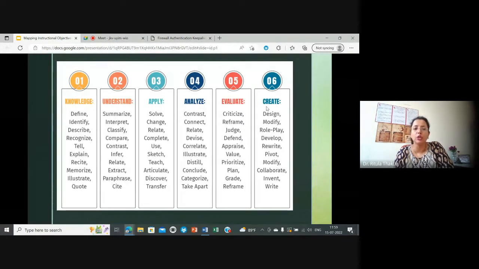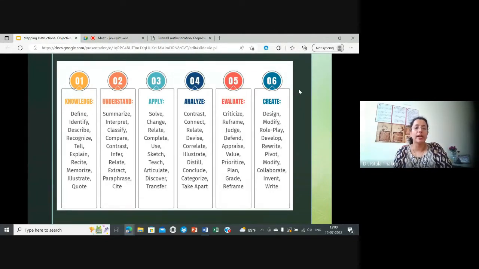It is not necessary that you will have to use all these terms in your learning objectives. It all depends upon your subject. For example, if students are studying a very basic subject, in that case the learning objectives will have more of the lower-level terms. However, if it is a more complex subject, where more analysis is required and students are able to design something based on that, then the instructional objectives will contain more terms according to this ladder.